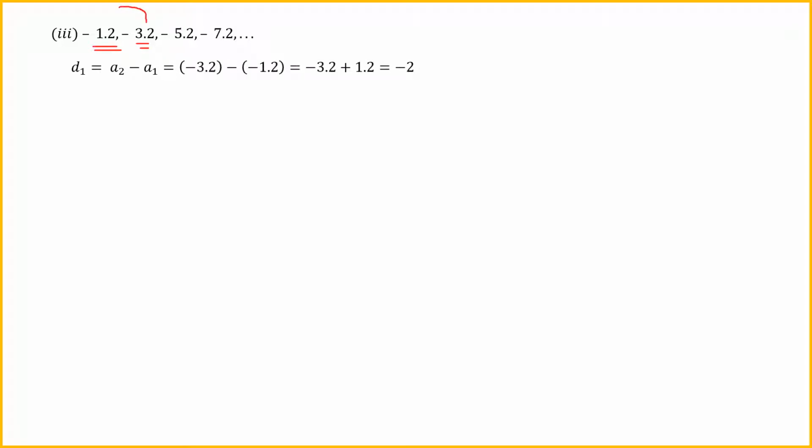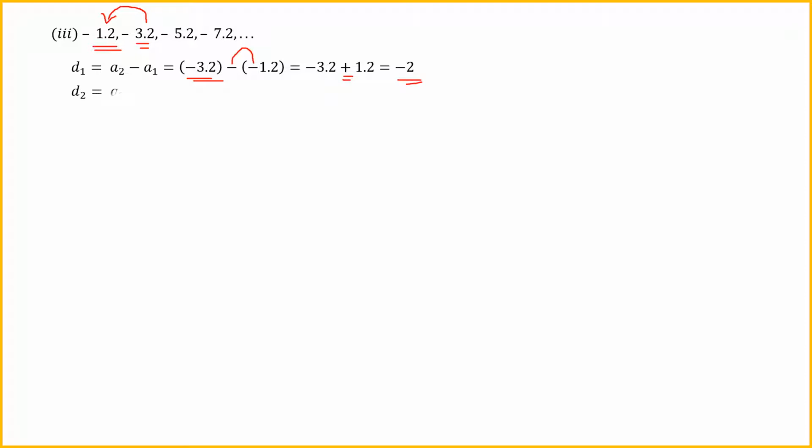Coming to the next question, minus 1.2, minus 3.2, minus 5.2. The first term is minus 1.2, the second term is minus 3.2. So minus 3.2 minus of minus 1.2, minus into minus we get plus, so the difference is minus 2.